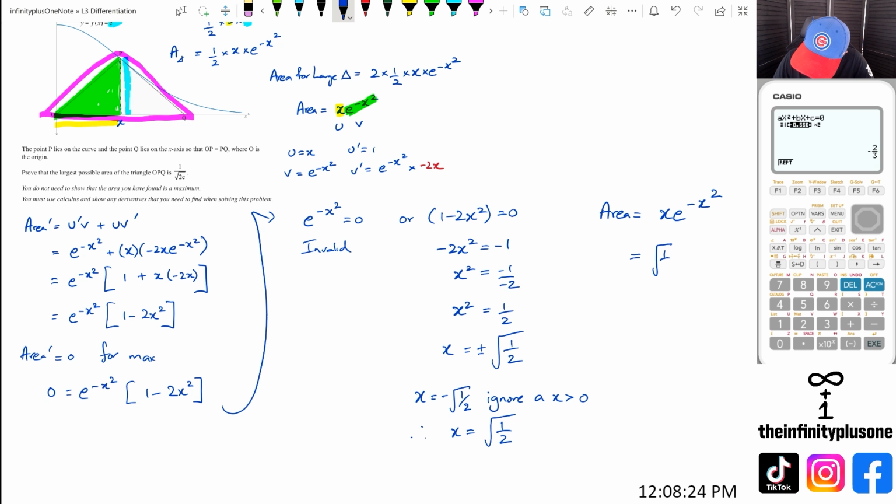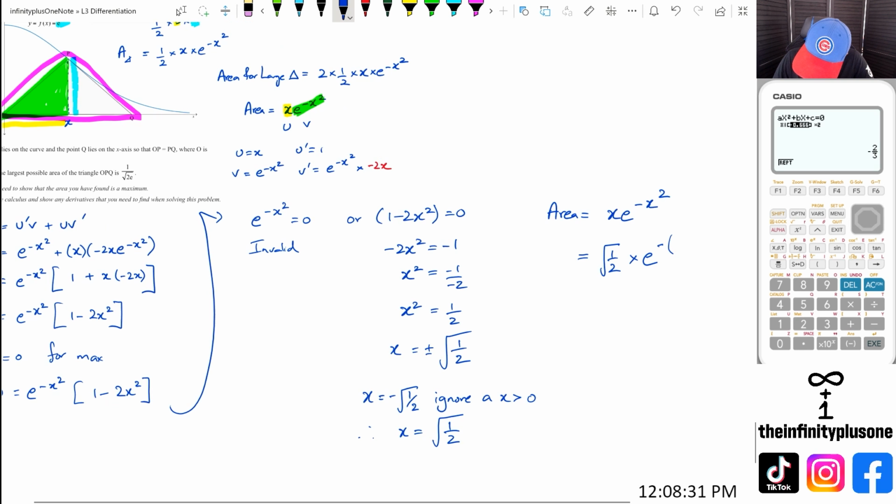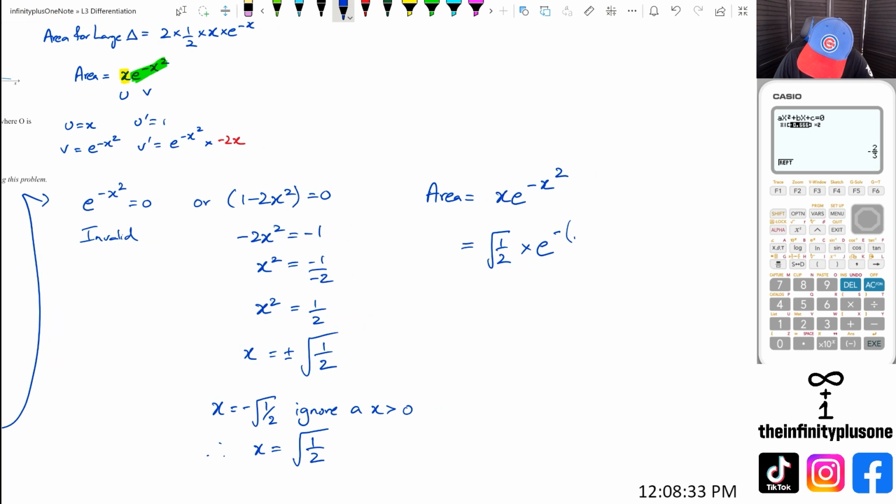So we're going to get square root of 1 over 2 multiplied by e to the power of negative square root of 1 over 2 squared. That's going to be e to the power of negative 1 over 2.